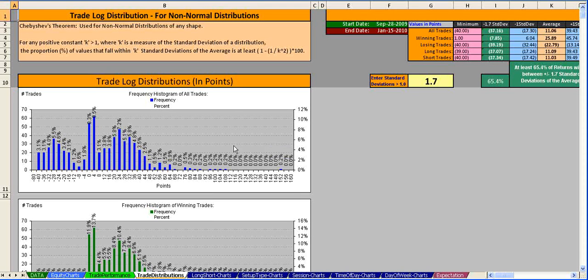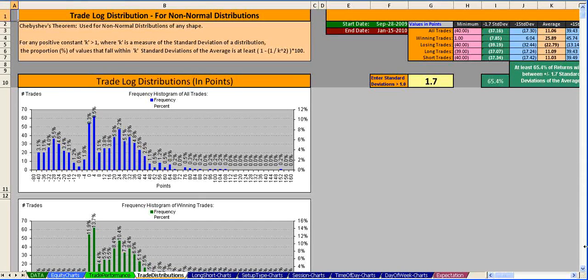You can easily see that by looking at these two long bars here between 0 and 8 points, because a lot of times this system is going to stop you out with just a partial profit after moving your stop to a break-even position, and then when the trade goes against you, it stops you out, and this saves a lot of losing trades. Now, not all trade systems are going to do this, but it's really nice to be able to look at this histogram and see at a glance your trade distribution and the personality of your trade system.